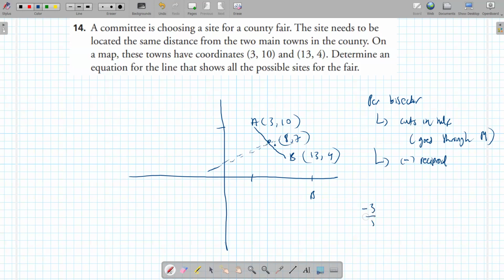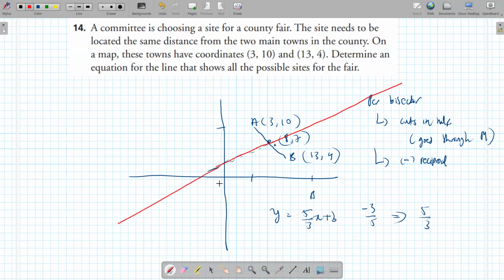So negative 3 over 5 is the slope. What's the negative reciprocal of this? 5 over 3, exactly. So we have y equals 5 over 3x plus b. Now again, the only point on this line that you can plug in to find the y-intercept is 8, 7.